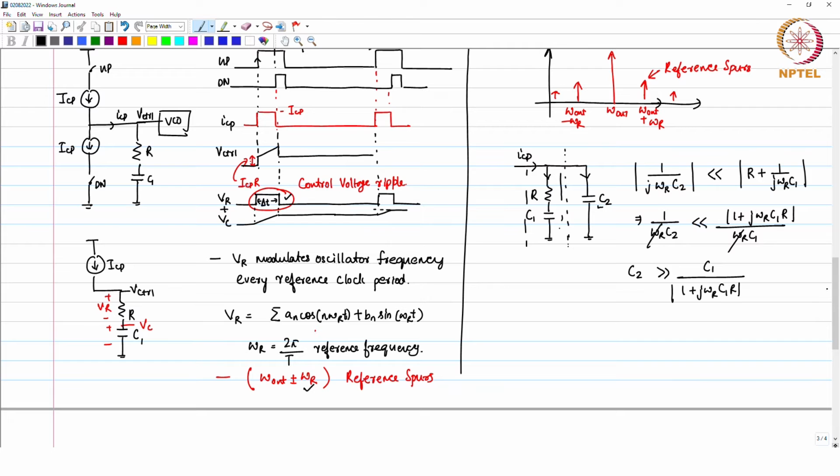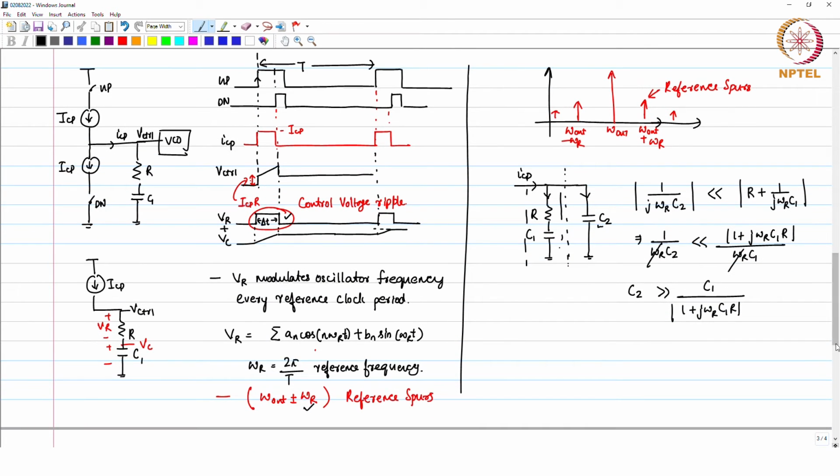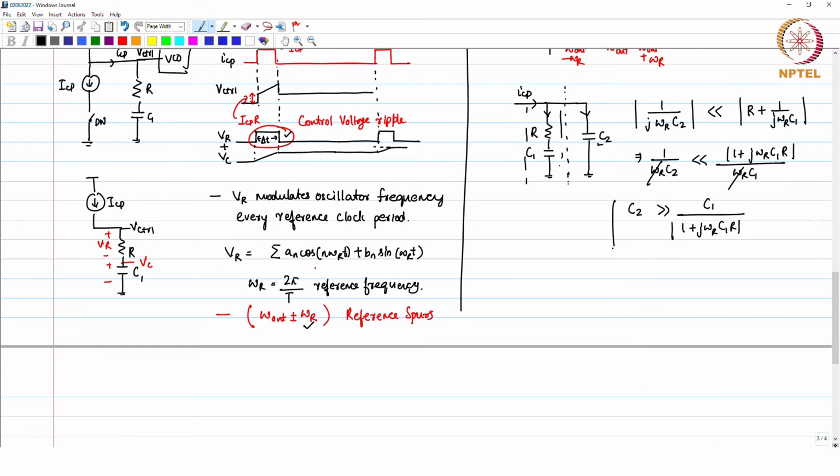So, if you look at it, earlier we have seen that we chose C1 and R such that we had proper phase margin and other things. Now, I have to choose C2, which is larger than some particular component value, and depending on the C2 capacitor I can bypass the ripple voltage.